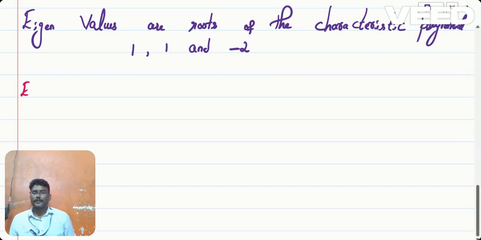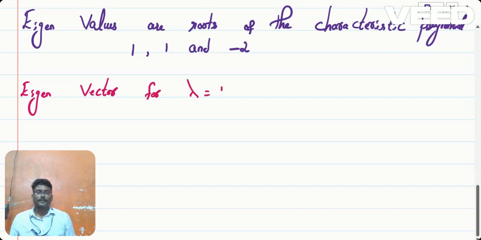Next, we have to find the eigenvectors for the corresponding eigenvalues. First, the eigenvector for lambda is equal to 1.